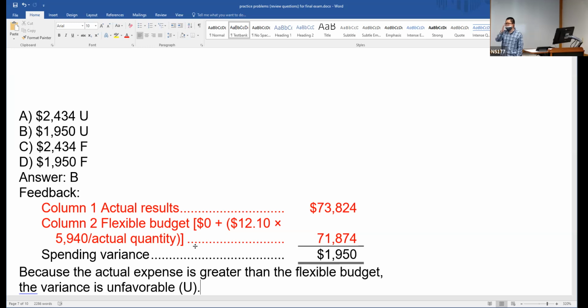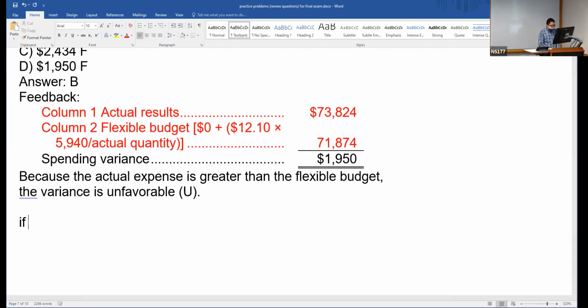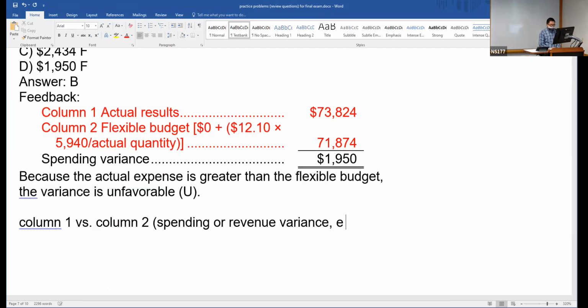And then if the number on the left, so let me just explain this more carefully. Now there are two situations, right? We may sometimes compare the numbers in column 1 versus the numbers in column 2, and we call this the spending or revenue variance. And this part is meaningful because it relates to the CEO's efficiency.